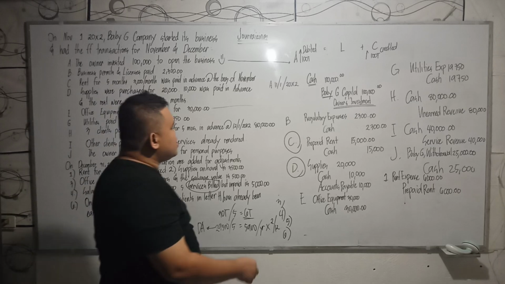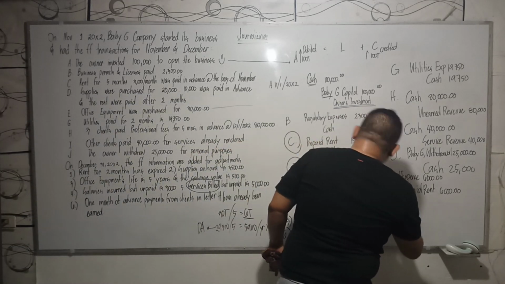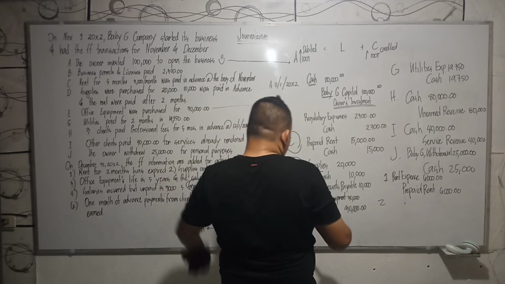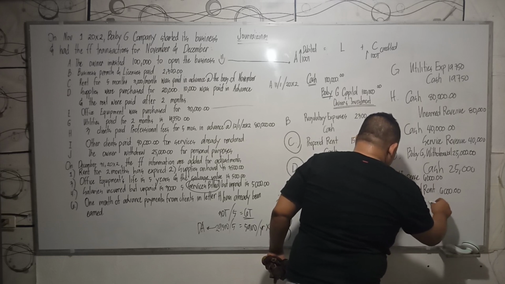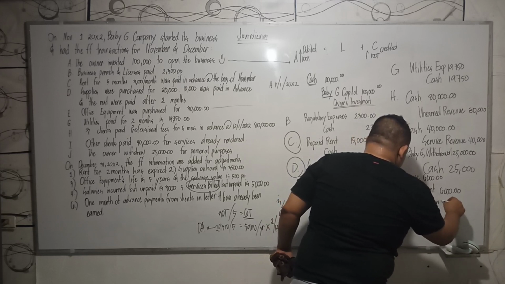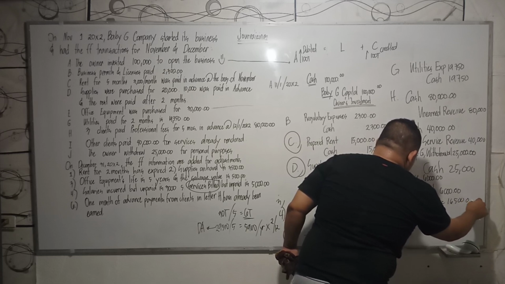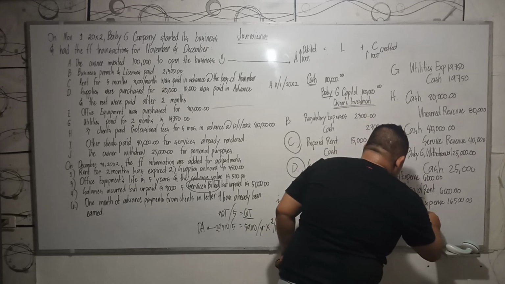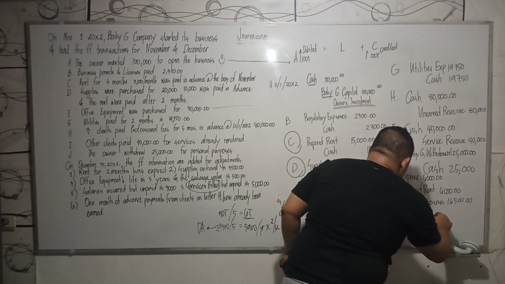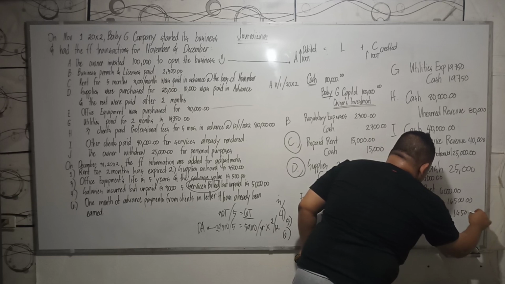So the entry related to that, letter D, or number 2 here, is just debit supplies expense because it has been used, 16,500. And then the credit is of course supplies, 16,500.